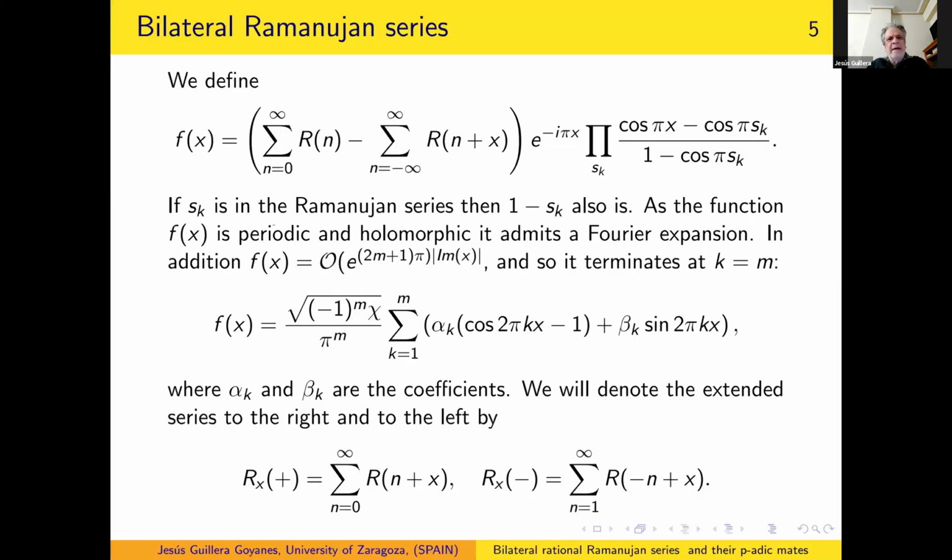Observe that this identity for the bilateral holds for all the values of x.